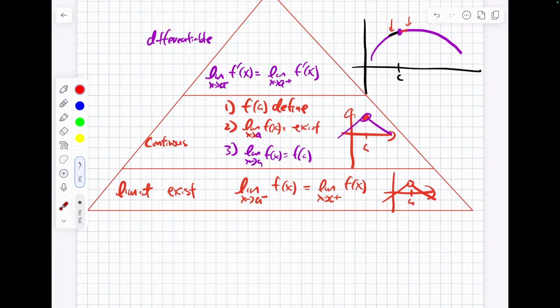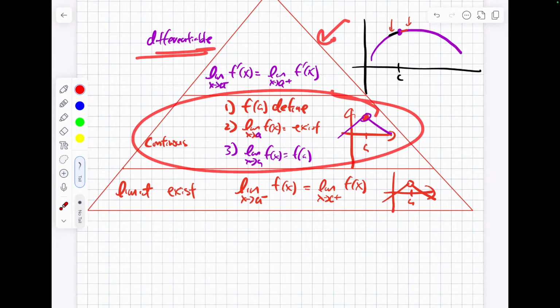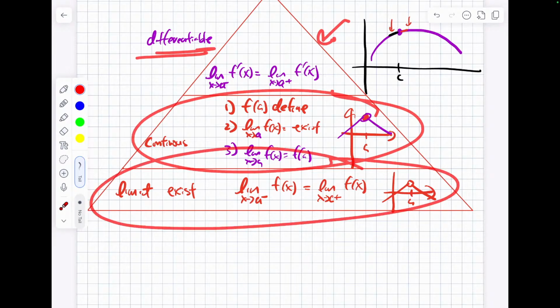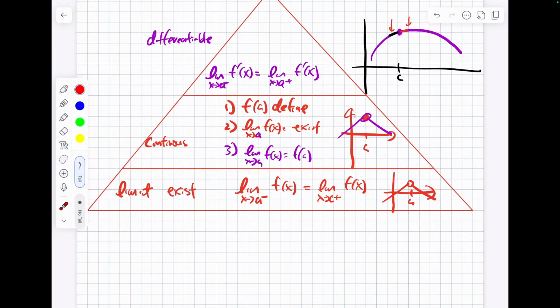Now, why is this diagram very important? Because differentiable is on top of the pyramid. If I say the function is differentiable, it automatically implies it must be continuous and the limit must exist. On the AP exam, sometimes they say the function is differentiable.